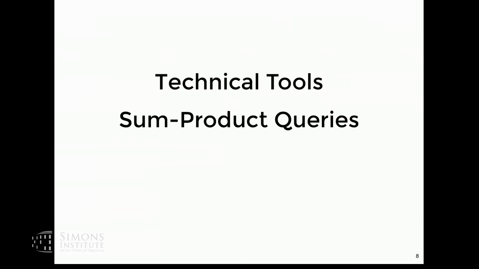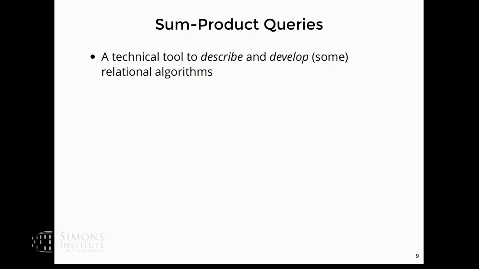Now, let's take a detour to review some technical tools that we are going to need to develop some class of relational algorithms. The technical tools we need are what we call sum-product queries. The reason is that many relational algorithms, at least some class of relational algorithms that we are going to discuss, can be described as a series of sum-product queries.